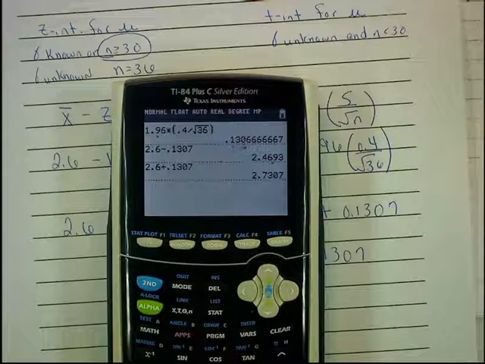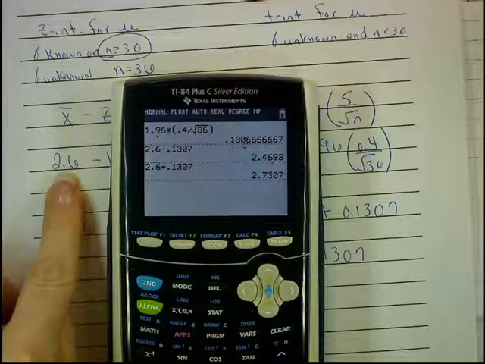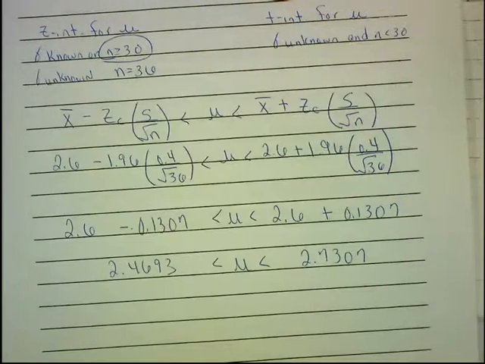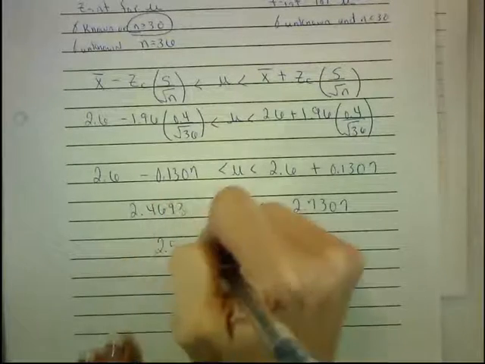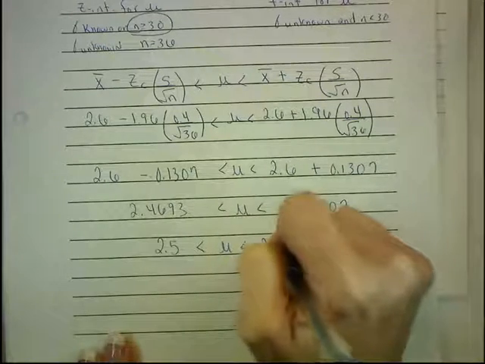And then we round again. The rounding rule says to round to the same number of decimal places as the given x bar. And the given sample mean is 2.6, so we round accurately to the nearest tenth, 2.6 miles per hour. So each of these, if you round accurately, 2.5 miles per hour to 2.7.